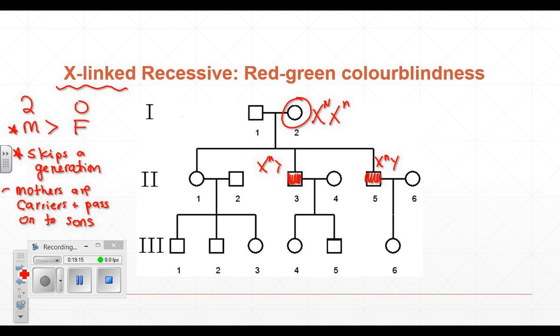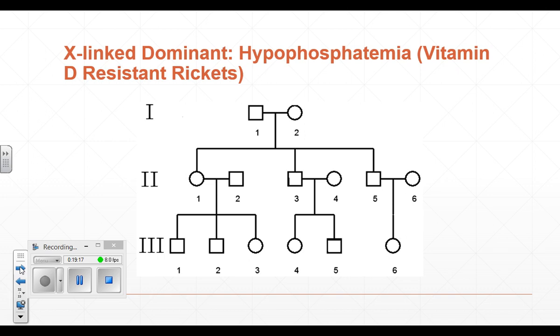That's okay. We'll do the next one, which is X-linked dominant. X-linked dominant is different than X-linked recessive. When it is dominant, you expect it to show up in every generation. So like I explained before, if offspring have it, one of their parents has to have had it.